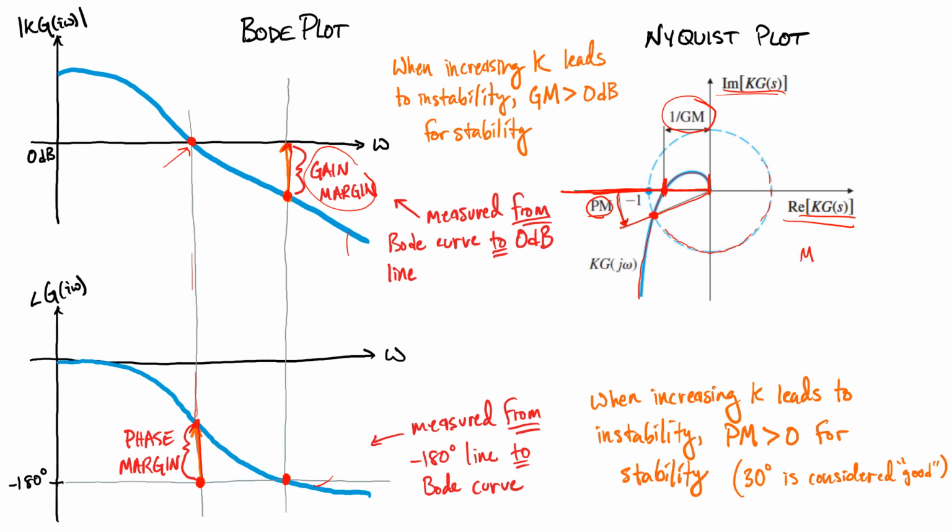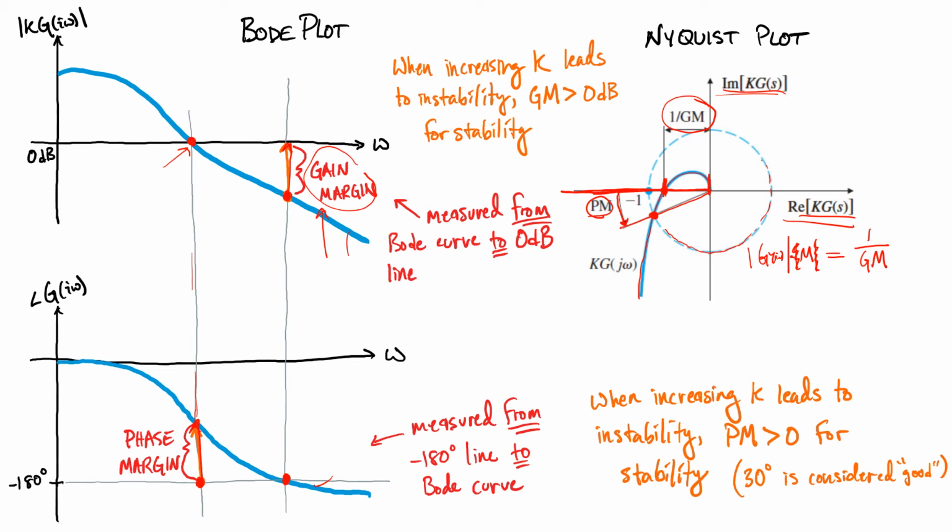If we call m the magnitude, which is the same thing as the magnitude of G of i omega, we'll call that 1 over the gain margin. To show why this is exactly what we're diagramming here, we're going to figure out what the dB magnitude is.